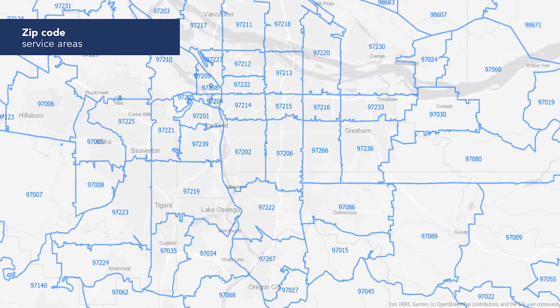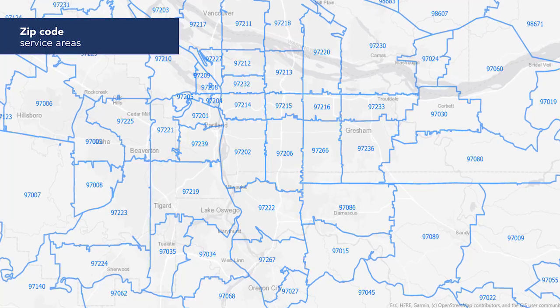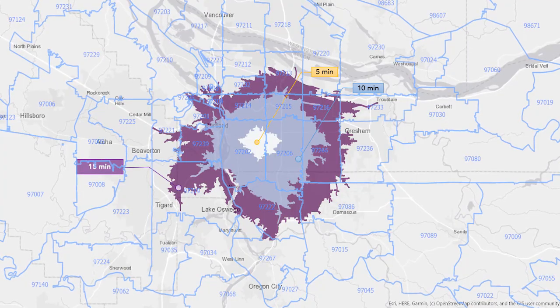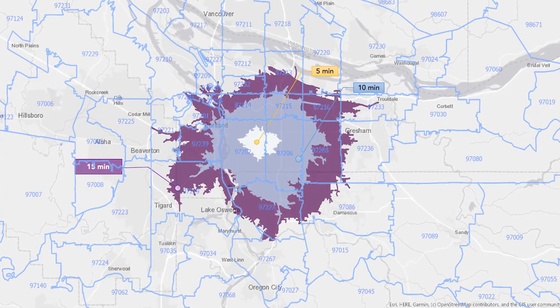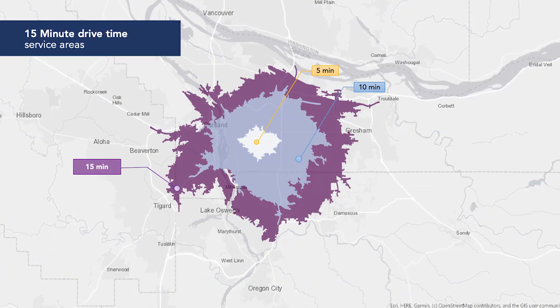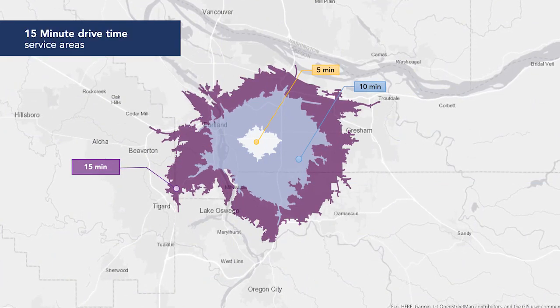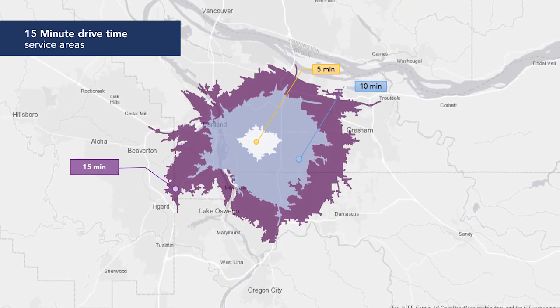But not everyone that's living in a zip code would go to a store, and neighboring zip codes would also influence the revenue of the store. So instead of using zip codes, we could get the socioeconomic data, say, from a 15-minute drive time around the store, and this data set would be more accurate and help us model this problem better.